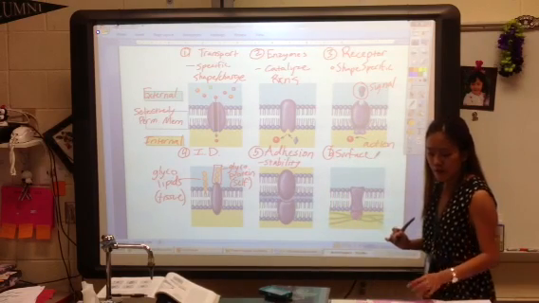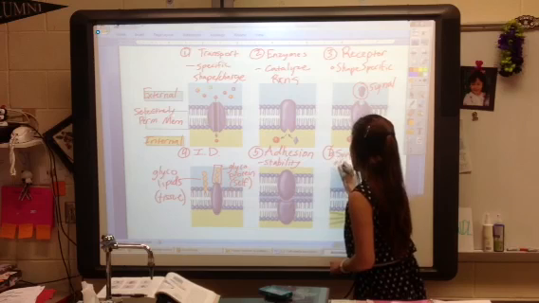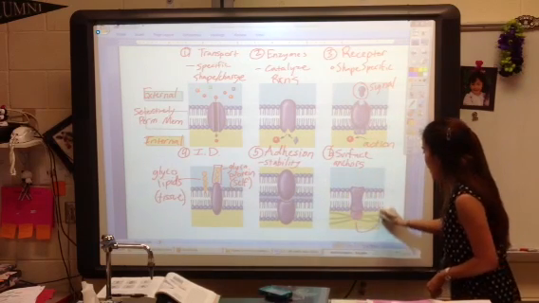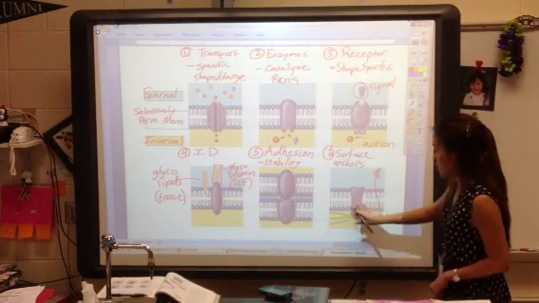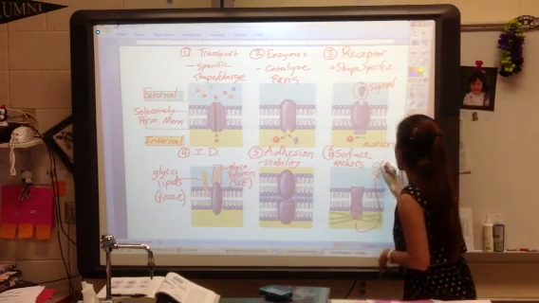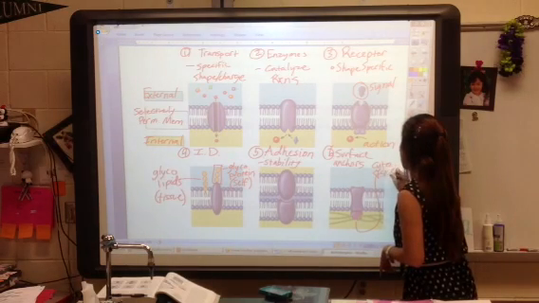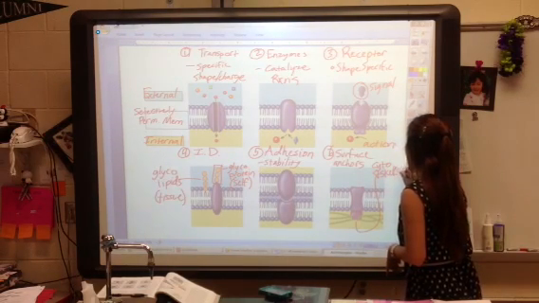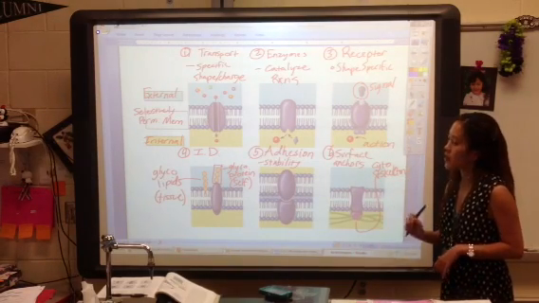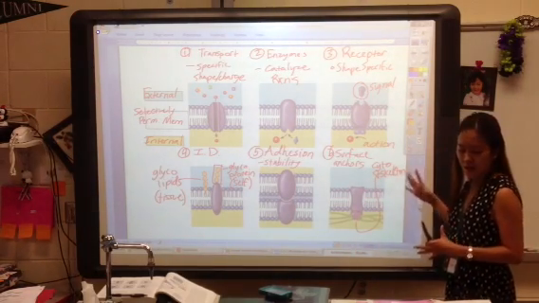Our surface proteins can act as anchors. And here they're attaching, providing an anchor to the cytoskeleton of our cell. Okay? So here are the functions of our proteins, 6 main types.